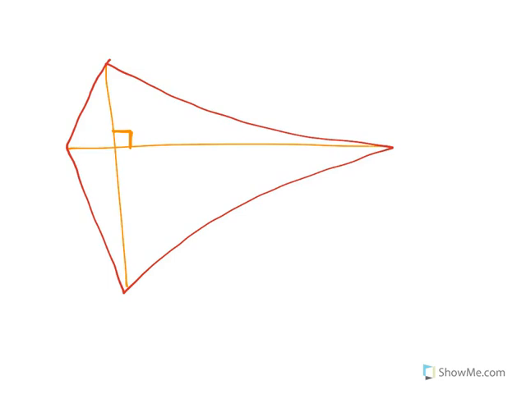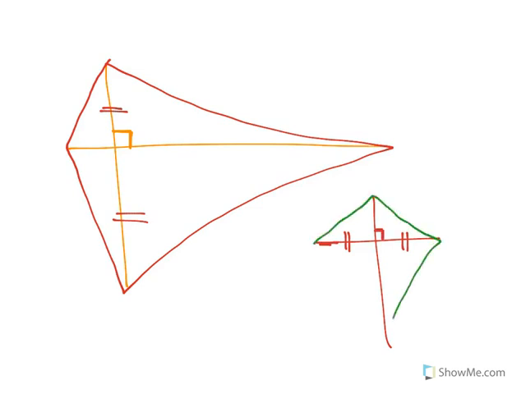So for example, if I prove that they're perpendicular and this diagonal is bisected by the other diagonal, right? Then I'd have a situation like this, where this side is equal to this side, and these guys meet at 90. And this shape would be a kite, right? Because since this is a common side to both these little right angle triangles, then we've got side angle side, which shows me that this side will be equal to this side.